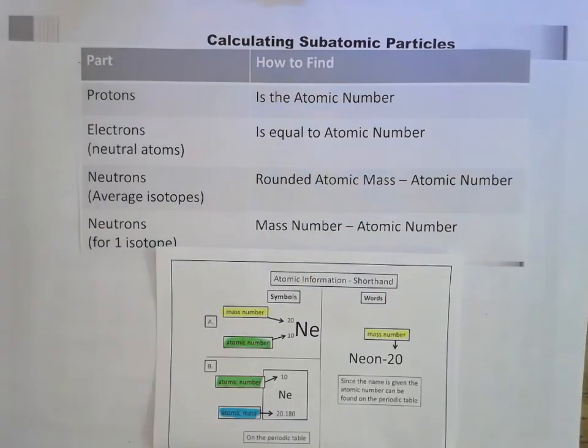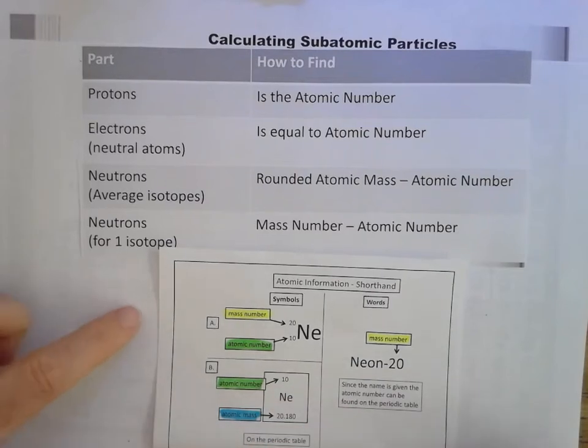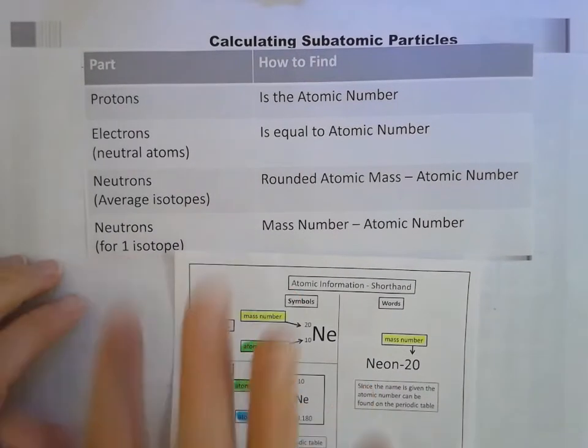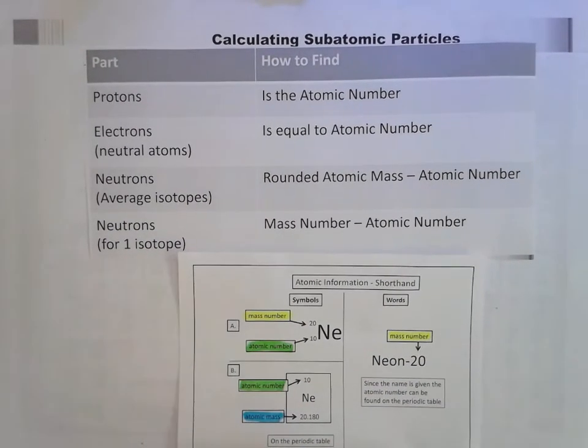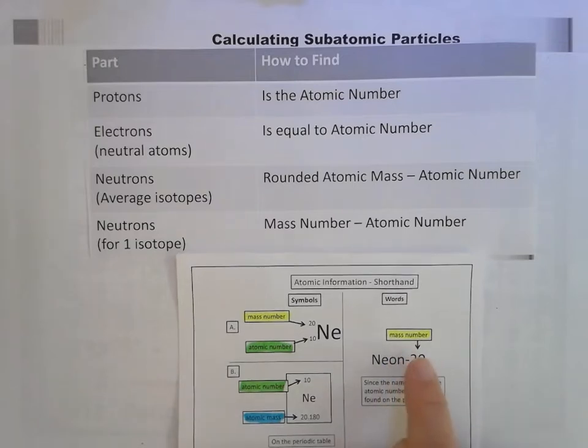The atomic mass is located on the periodic table for you, so you'd round it to a whole number. So 20.180 would round to 20, and you subtract the atomic number. If you are looking for the neutrons for a specific isotope, you take the mass number, which is either written in this format or the top number in this other format, and you again subtract the atomic number.